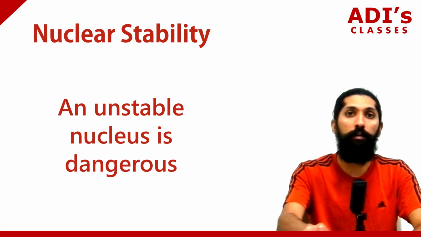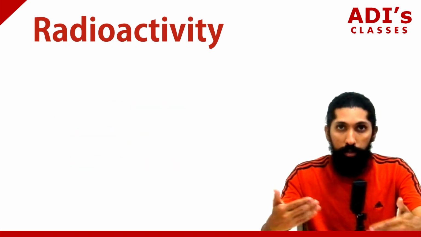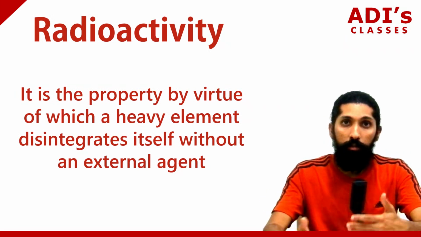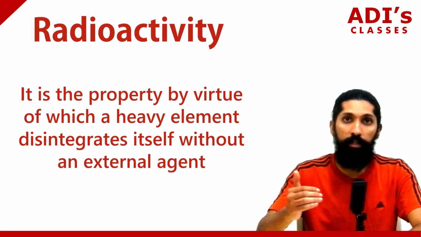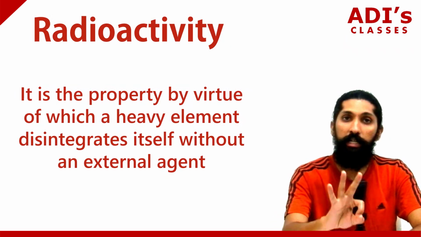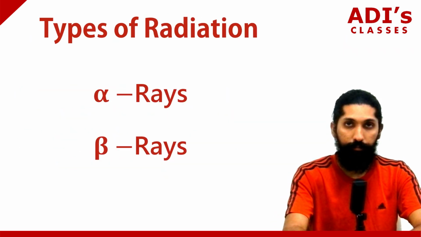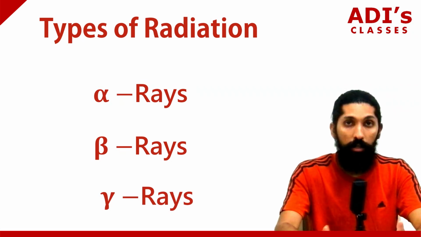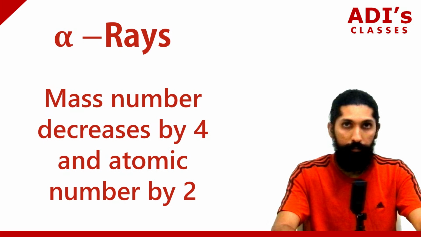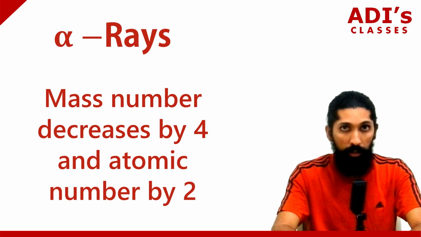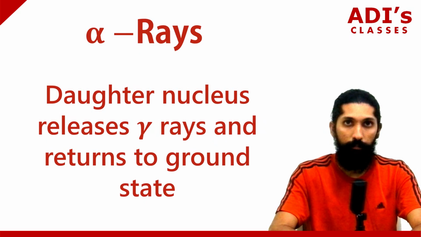This is where radioactivity comes. Radioactivity is that spontaneous process where the nucleus is going to decay or disintegrate. And as and when it disintegrates, it emits 3 types of rays: alpha, beta, gamma. Correct? When alpha occurs, the mass number reduces by 4, the atomic number reduces by 2, and the daughter nucleus is going to have some energy.